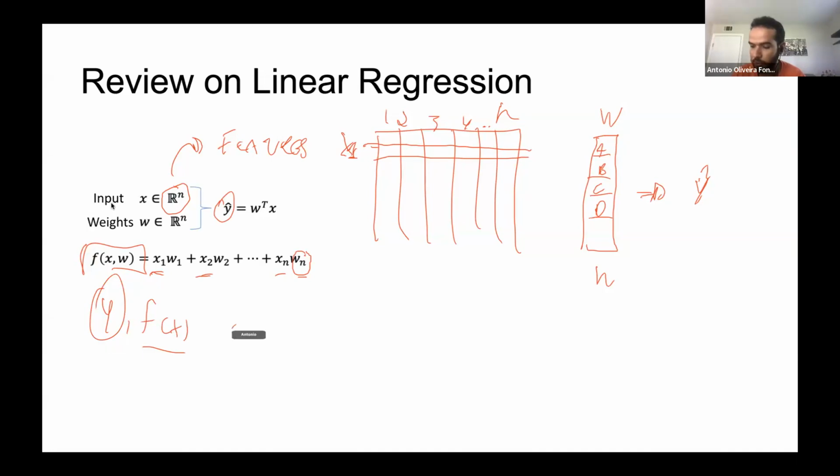We have seen a couple of metrics. For example, I can compute the R squared between the two, or I can compute the error, and that's how I'm going to evaluate how well the weights I have trained approximate the true values. So that's the general framework of the problem here.